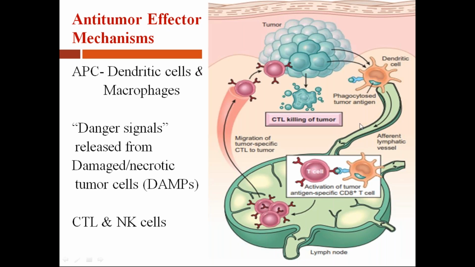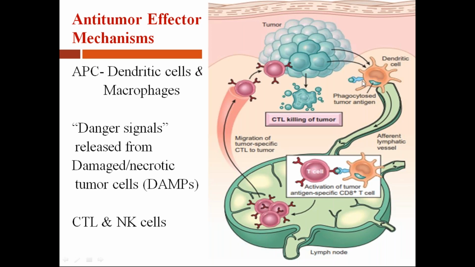Now, this is the tumor cells. I've mentioned other cells like dendritic cells and macrophages. They are the antigen presenting cells. So what do I mean by this? I told you that MHC class 1 molecule is expressed on the surface of all the nucleated cells in the body.